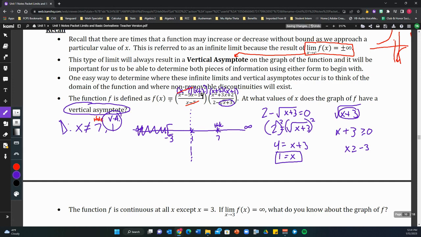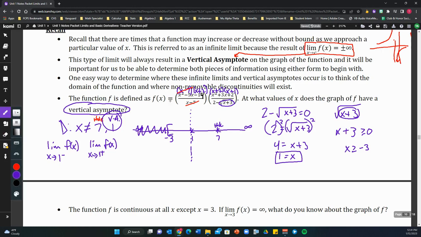So out of all the restrictions going on here, 1 is the only place where a vertical asymptote occurs. So what that tells me is the limit as x approaches 1 from the left, or the limit as x approaches 1 from the right, and actually I shouldn't use an equal sign here, so we're just going to think about them individually.